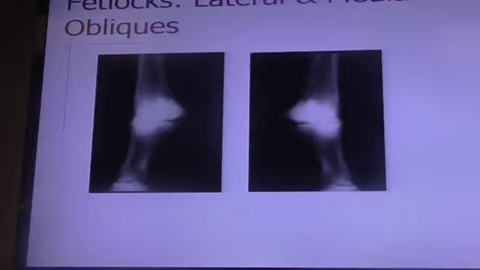Okay. So on this view where my mark is, this is a dorsal medial lateral view.